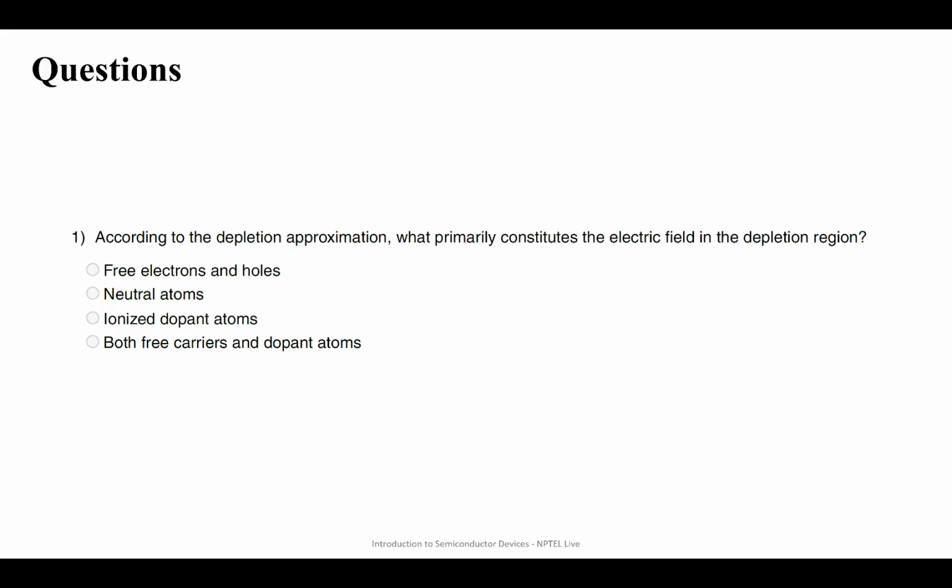So first question: according to the depletion approximation, what primarily constitutes the electric field in the depletion region? Free electrons and holes, neutral atoms, ionized dopant atoms, or both free carriers and dopant atoms.